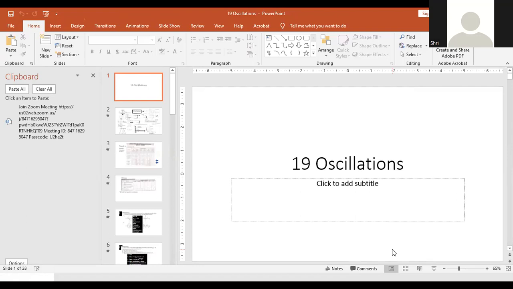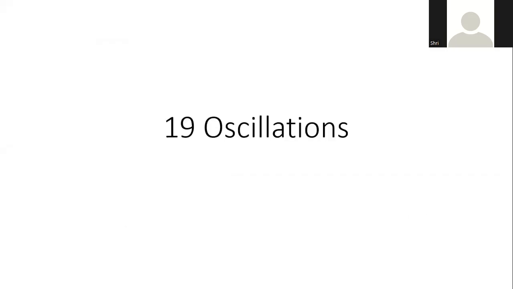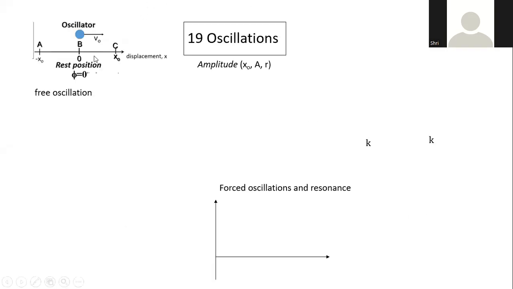Okay, let us carry on. You go over oscillation. What are the things you need to remember? Usually we start with the oscillation here at B. Then your phi is 0. Phi is a phase angle. It goes from B to C to A. This is free oscillation, no air resistance. Then this is the symbol for amplitude, and that's the definition.